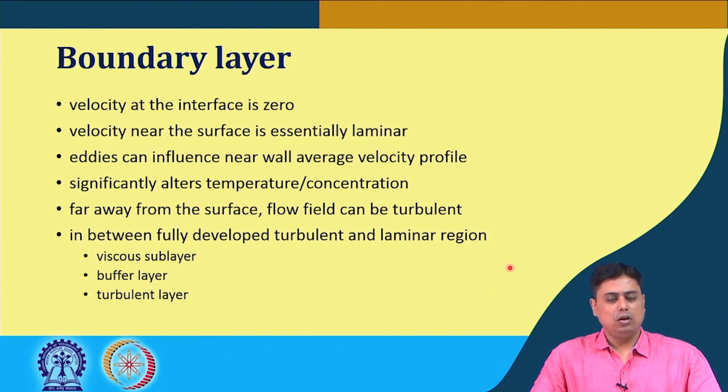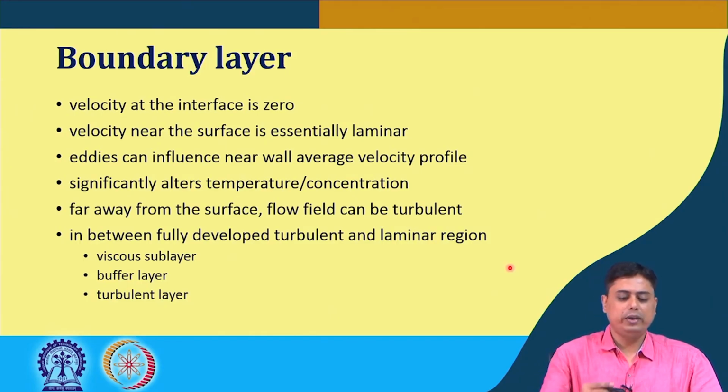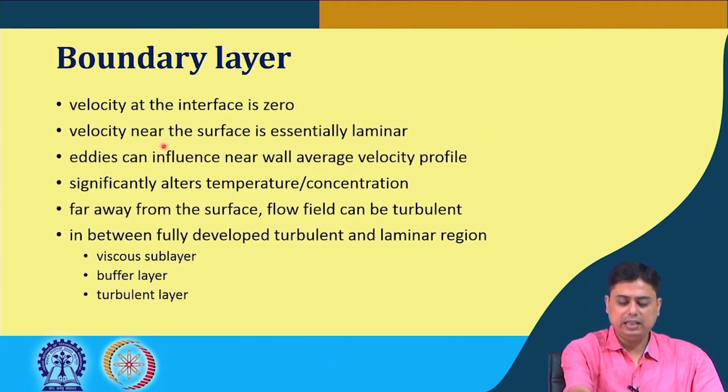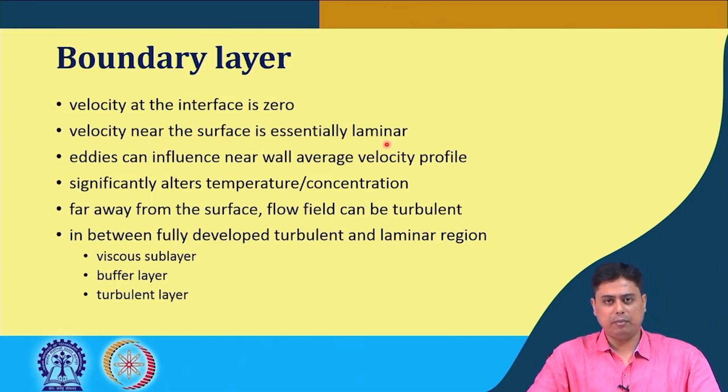The point I am trying to make here is that although we consider the near surface velocity to be laminar, sometimes some small eddies or currents can happen there, and then some local velocity profile change can be observed.